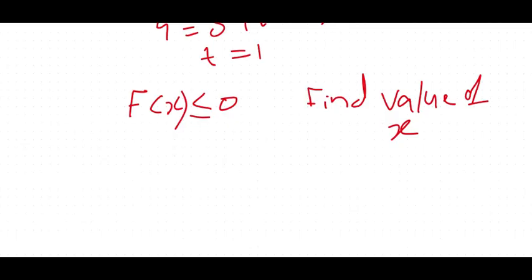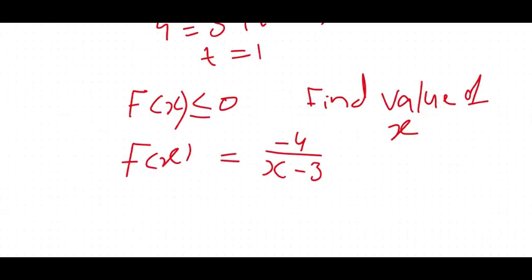So now we have f of x equals minus 4 by x minus 3 plus 4, and I set f of x equals 0. So I put 0 over here: 0 equals minus 4 by x minus 3 plus 4.